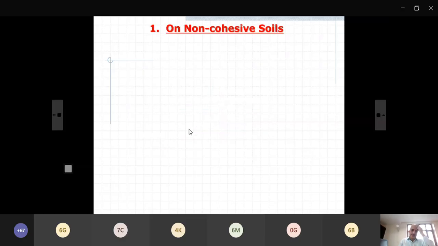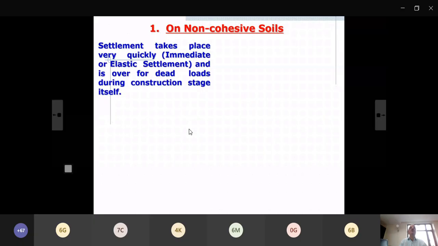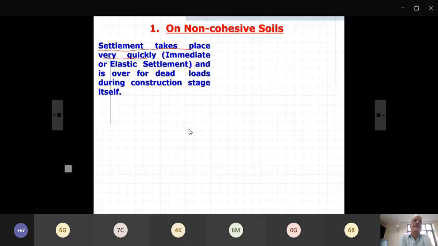So there, first, non-cohesive soils means cohesionless soil, sandy or gravelly soils, soils having high phi value and almost 0 or very low C values. In these soils, we have seen this in earthwork also, that your settlement takes place very quickly. The moment you apply the load, your settlement will take place, which we call immediate or elastic settlement.